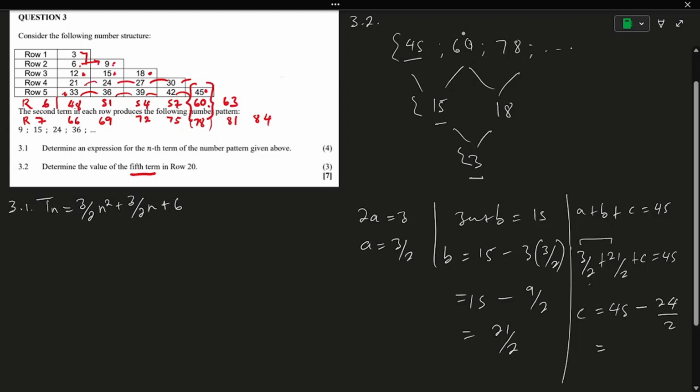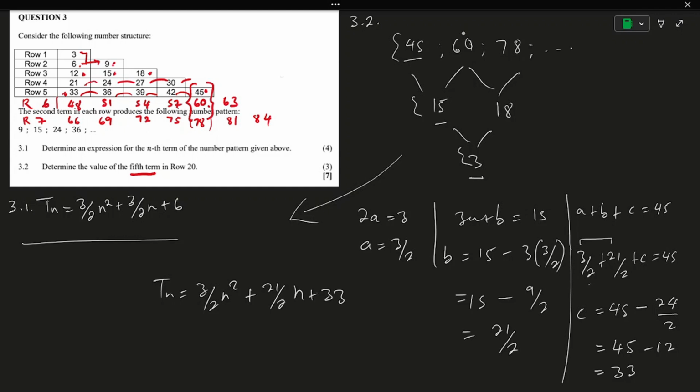So this is going to be 45 minus 12, which is the same as 33. So the general term for this new pattern is Tn being equal to 3 over 2 n squared plus 21 over 2 n plus 33. We are looking for the term in row 20 that is in 5th position.